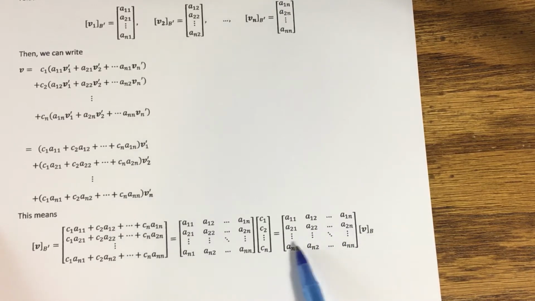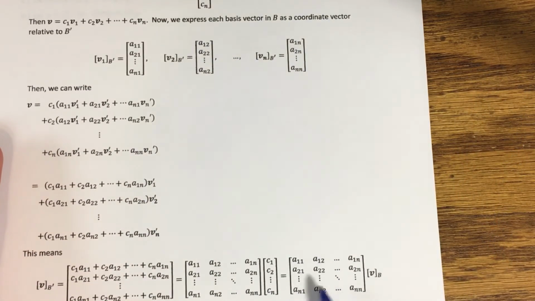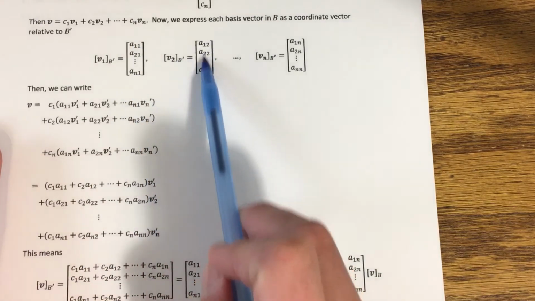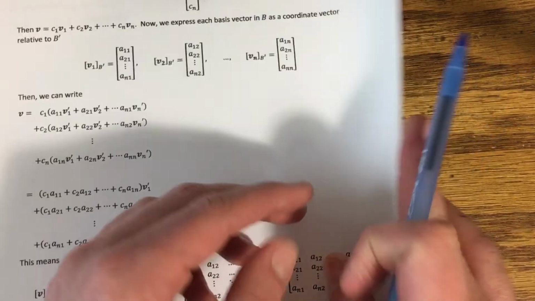That matrix we call a transition matrix. And if you think about where the columns of this matrix came from, the columns of this matrix are just these column vectors right here, okay? So that gives us a way of coming up with this transition matrix. Let's go ahead and go on to the next page.